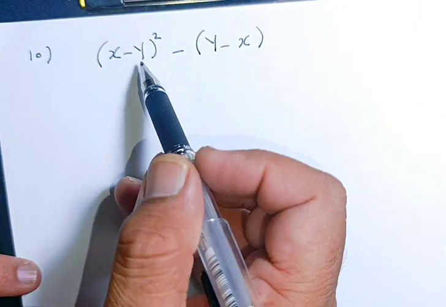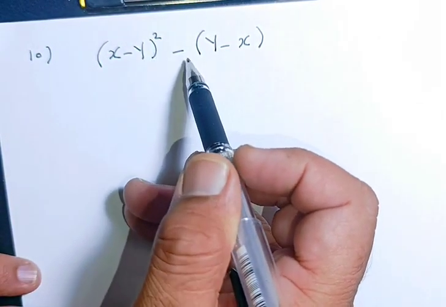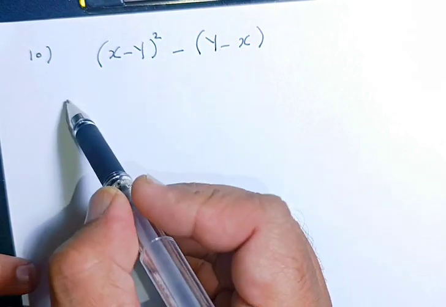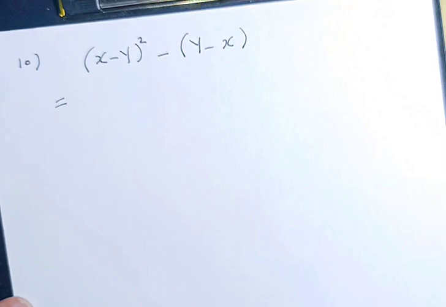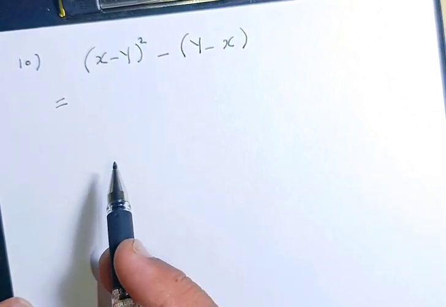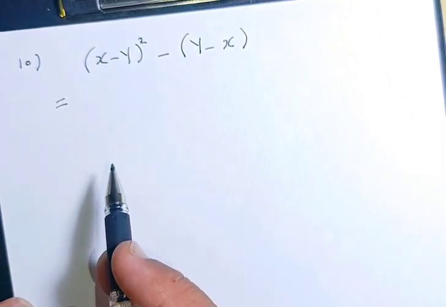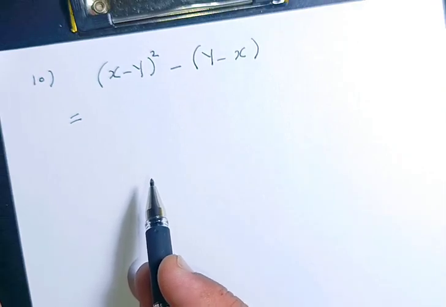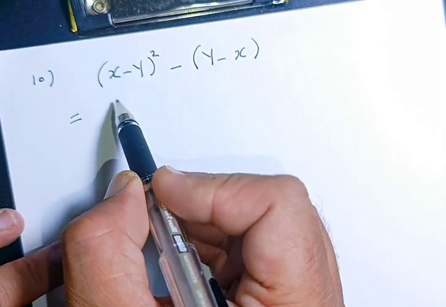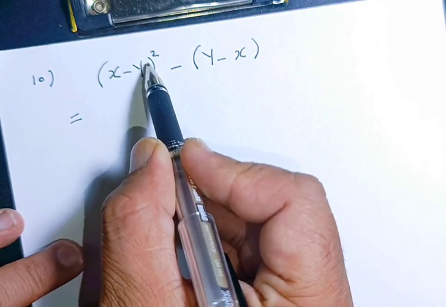Question number 10, x negative y square minus y negative x. So obviously first I have to simplify the expression and then look for the highest common factor or highest common bracket. So this is going to be now x negative y.